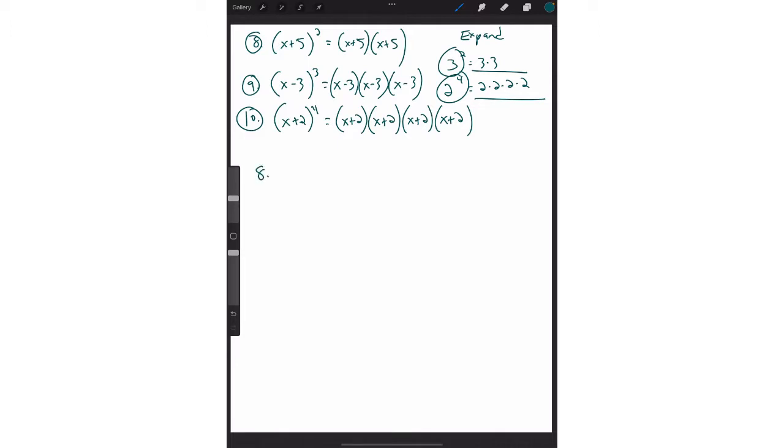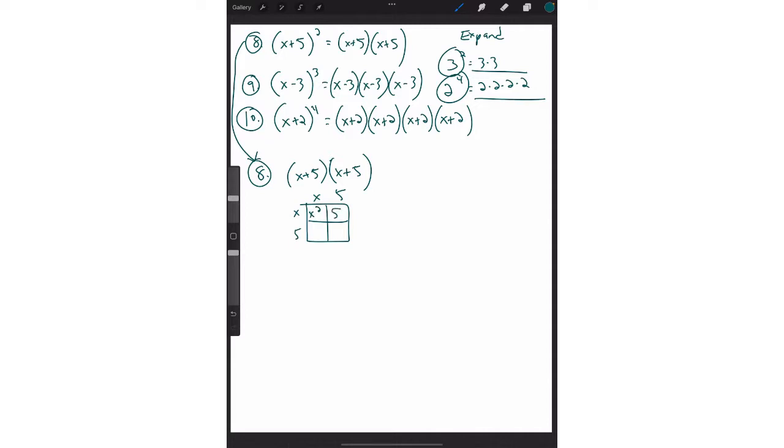So if I look at number 8, and I have x plus 5 times x plus 5. So I'm just going to draw an arrow down here showing where we're at. X plus 5 times x plus 5. All right. If I were to actually use the box method, write this out. X times x is x squared.